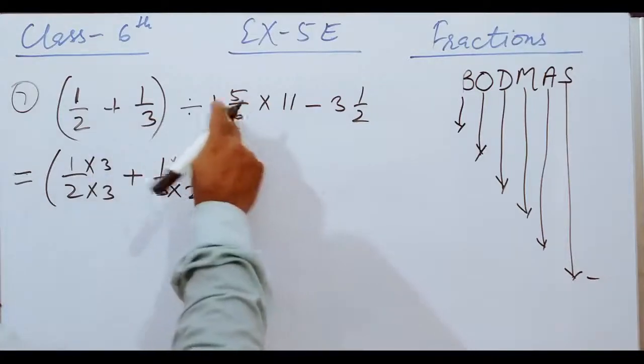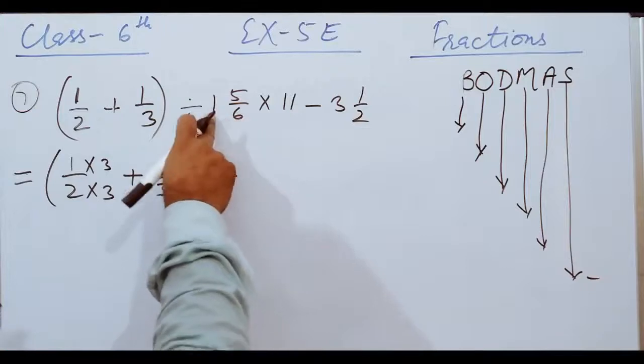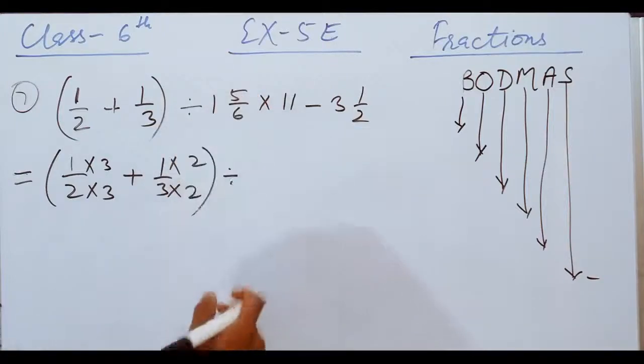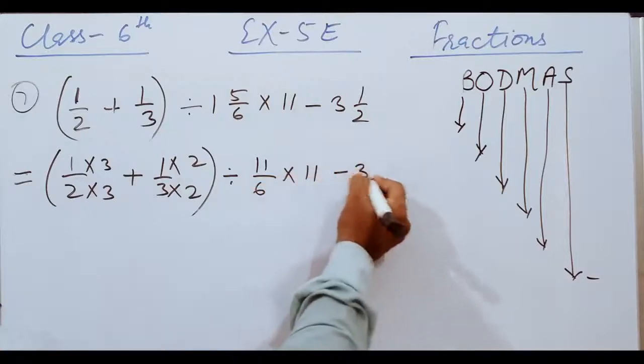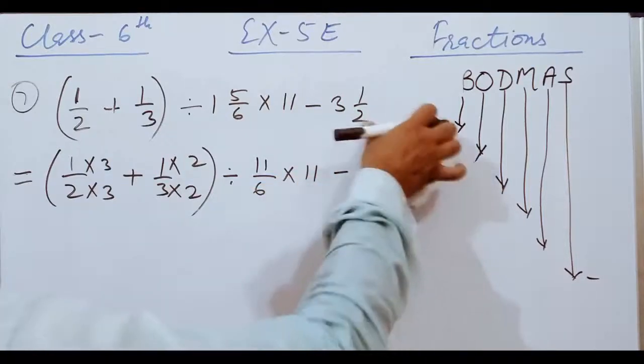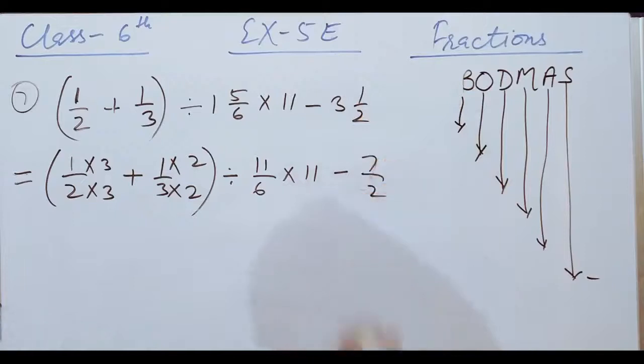Is divided by 6 1s are 6 plus 5, 11 upon 6 into 11 minus 3 whole 1 upon 2, means 2 3s are 6, 1, 7 upon 2. It is in improper form.